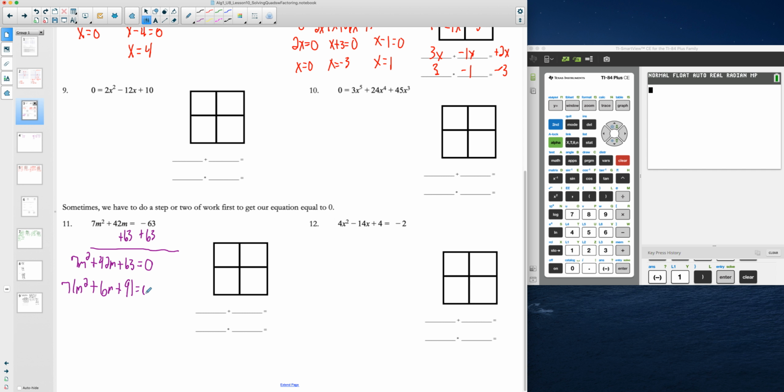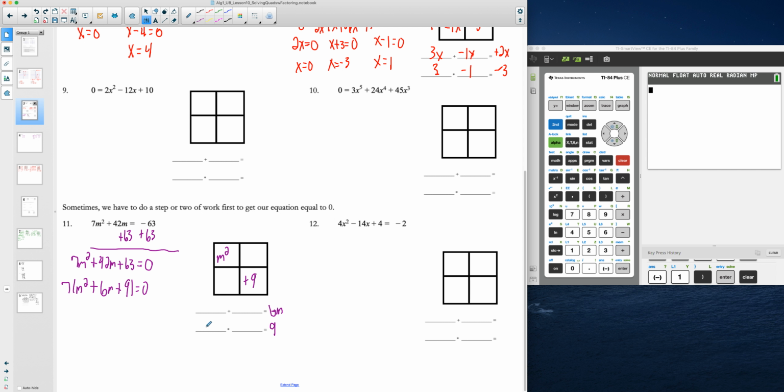Now once I have that GCF out, I'm ready to jump into my area model to factor. So m squared is going to go up here into the upper left. I'm going to get a plus 9 down here. So A times C is 9. And we know we have to add to be our B term, and our B term is a positive 6m.